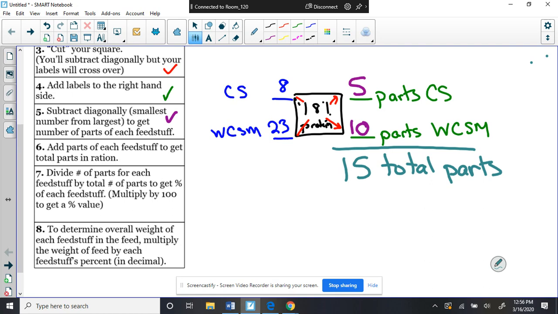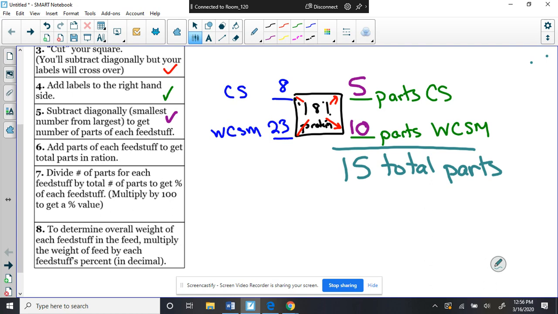I mentioned in one of our previous videos that when you look at all of the feedstuffs, you can think of them as ingredients. And this right now is really the process by which we build the recipe for mixing up that food that we're making for our animal, or really that feed.